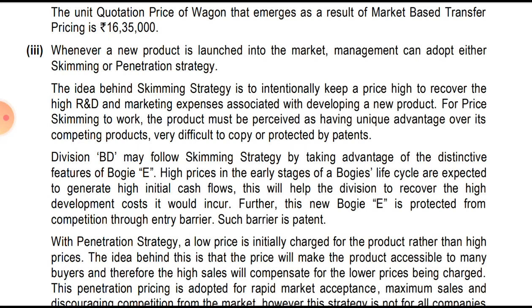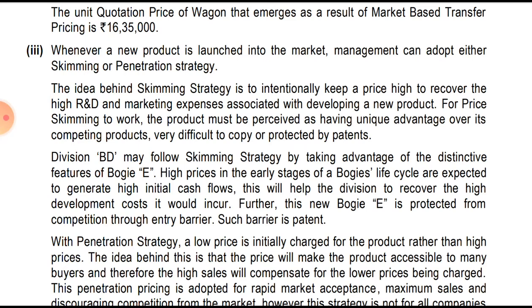For skimming pricing to work, the product must be perceived as having a unique advantage. So for skimming pricing, the product should have a unique advantage over its competing products, be very difficult to copy, and be protected by a patent as well.